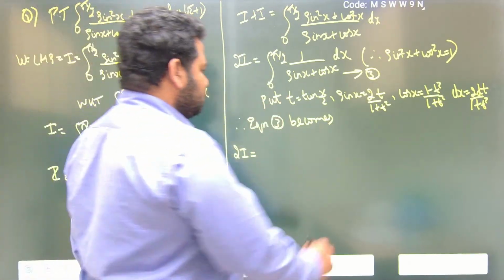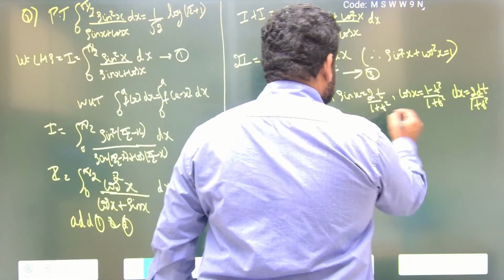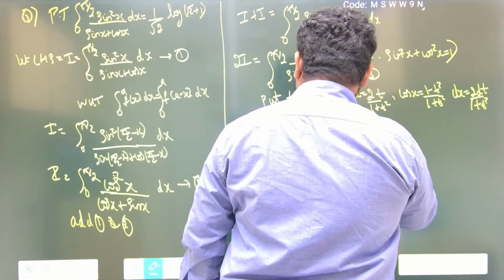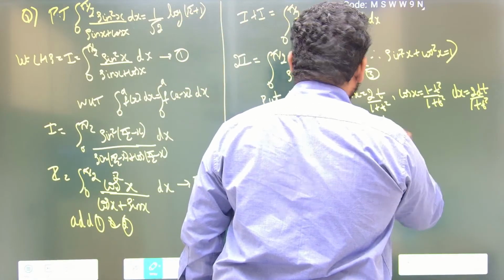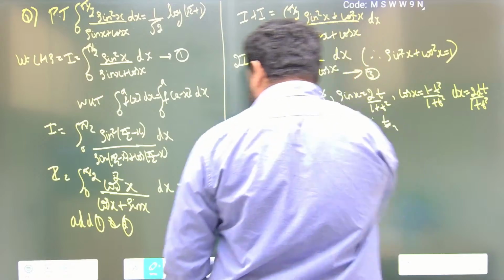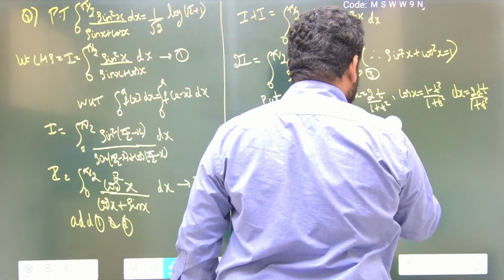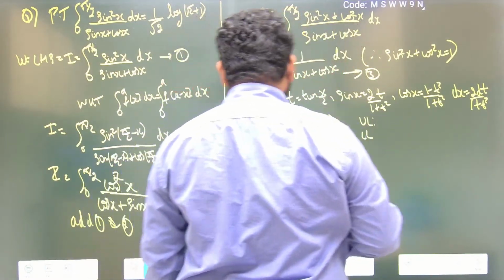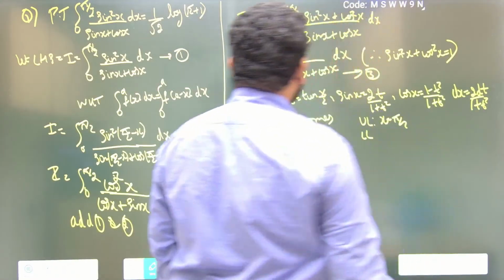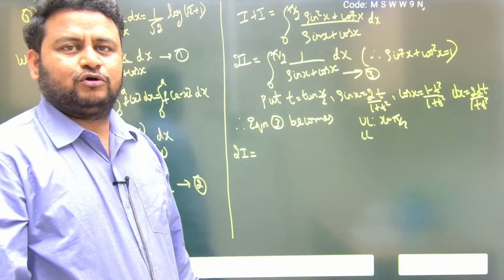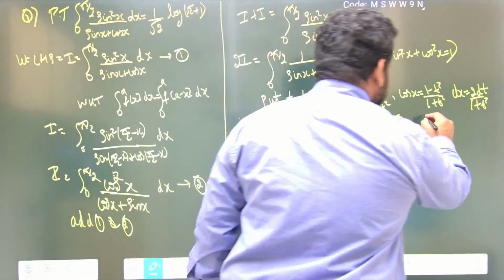So let us write the limits also, upper limit and lower limit. Upper limit: x is pi by 2, so t is equal to tan of pi by 2 by 2, which is tan pi by 4. So t will become equal to 1.